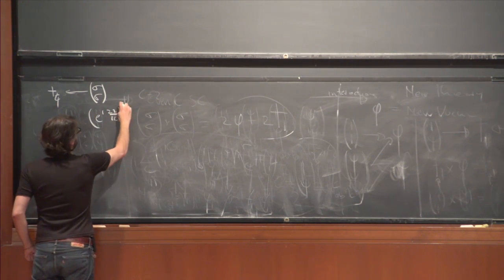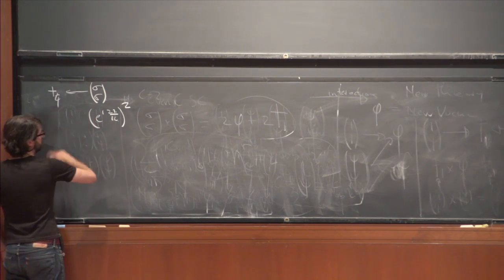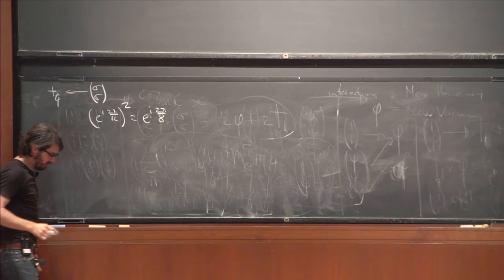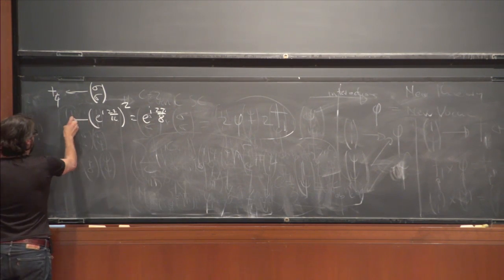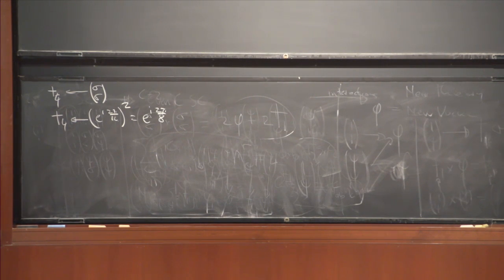So for sigma sigma this is to the second power, so it's e to the i 2 pi over 8. And that's also the topological spin of the T4 particle.